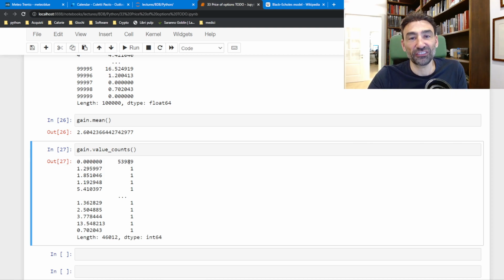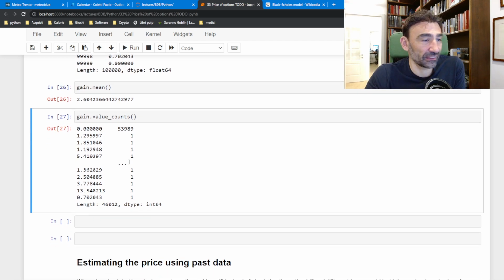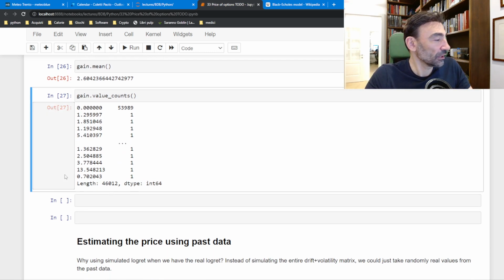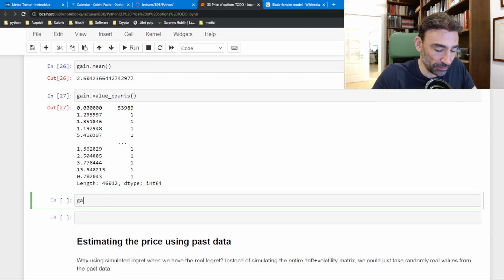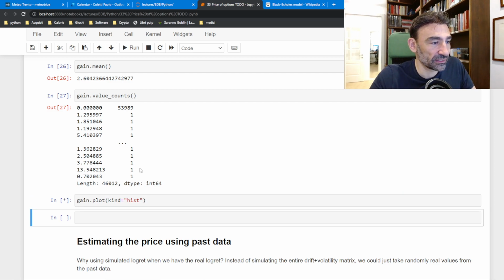So in 54% of the cases, you will end up with no gain. For about half of the times, you will end up with no gain. Okay, and let's plot the distribution. The histogram is the best thing here. Plot, kind equal hist. For the moment, let's try like this.